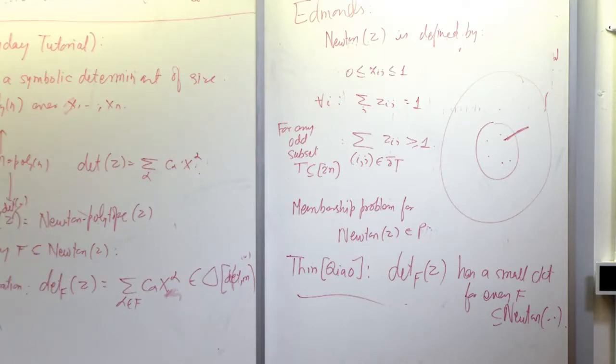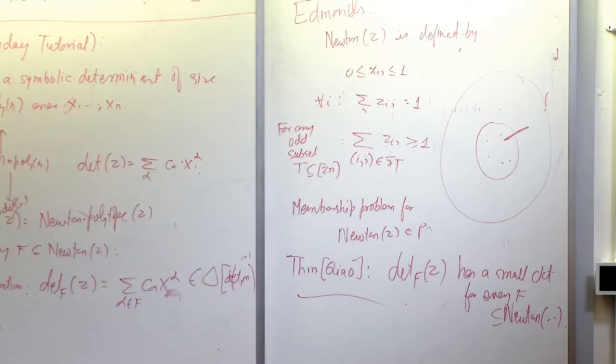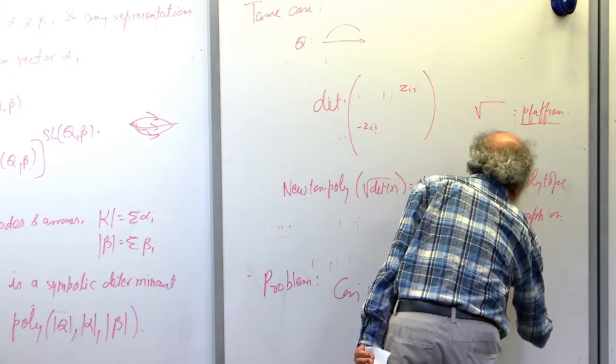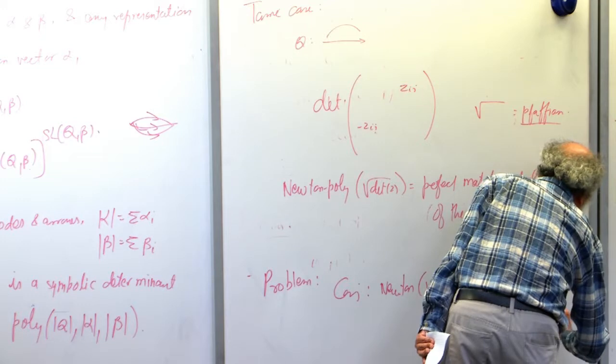So the conjecture is that the Newton polytope of VPQ is inside VP if and only if Q is finite or tame.